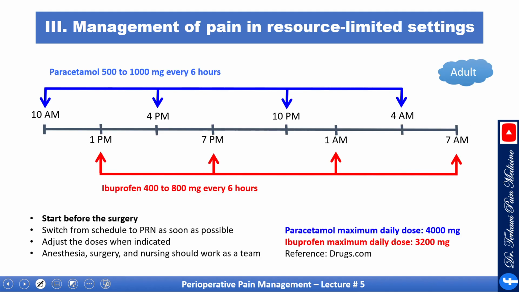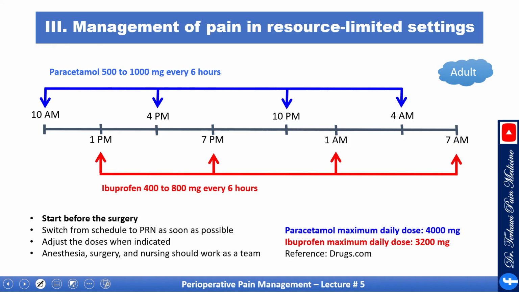And finally, don't underestimate the importance of having scheduled paracetamol, acetaminophen, and ibuprofen. This is very simple and mostly available. It can be used not only in resource-limited settings, but everywhere.